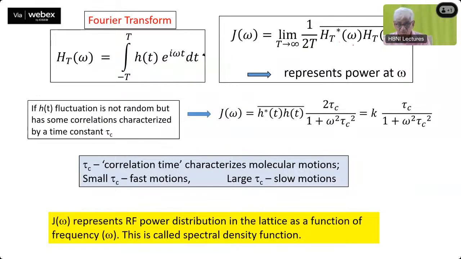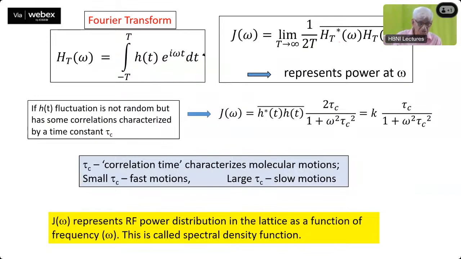It represents the power at a particular frequency omega, because now it is a square. H of t consists of the squares of the amplitudes at every frequency. Therefore, J of omega represents the power at frequency omega.